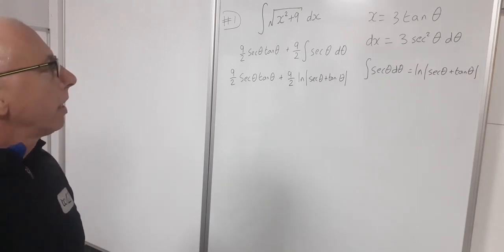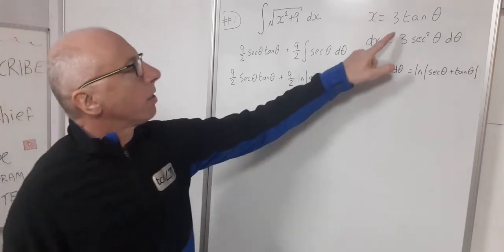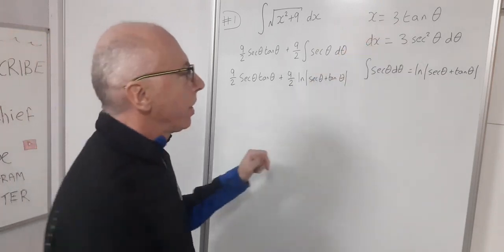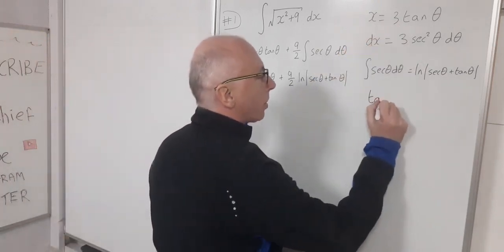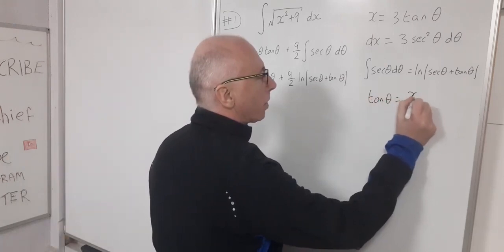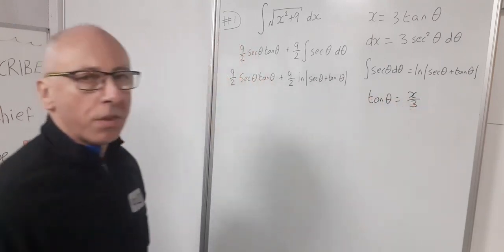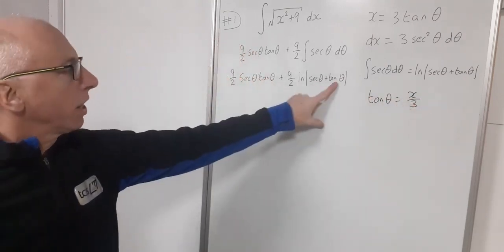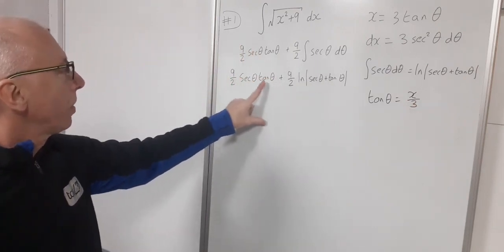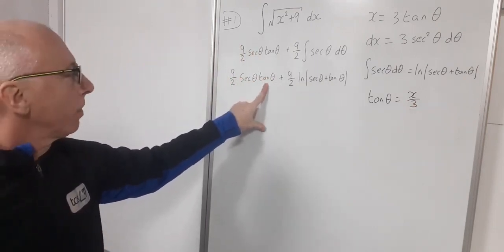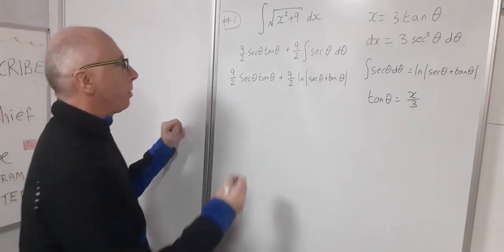So let's have a look at this. If x equals 3 times tangent theta, then I've got tangent theta equals x over 3. Now I've got a tangent theta here, so that's x over 3, and that will be x over 3. So let's plug that in.